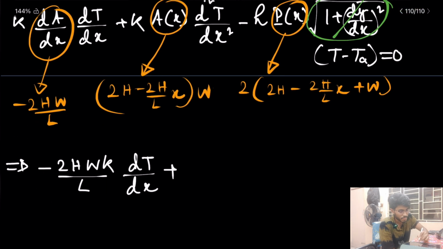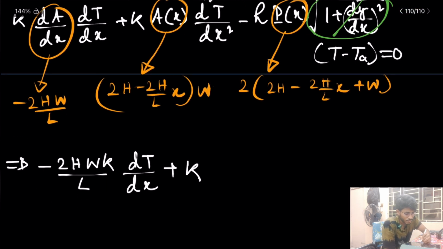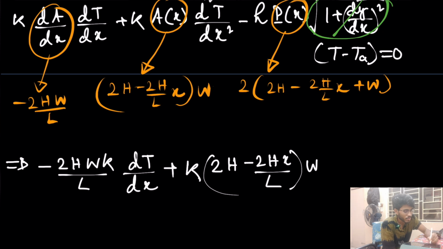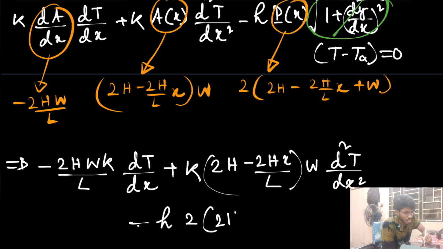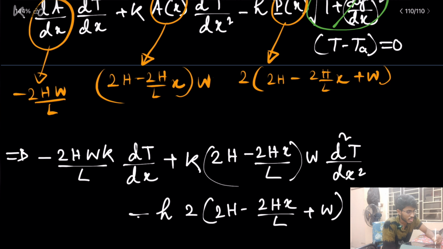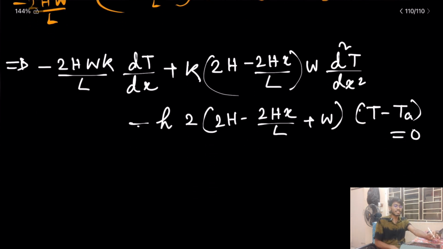Again plus, now this time I will have 2h minus 2hx by L into w into the second derivative of temperature, and then again I will have minus h into the very ugly and big term here, and again T minus TA is equal to 0. Okay, so now this is something that is very much scary, right?